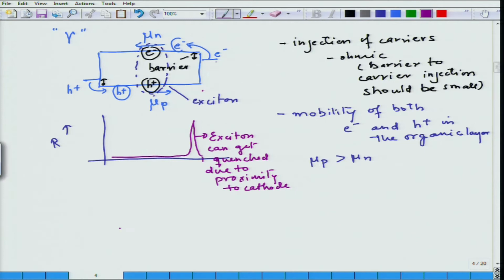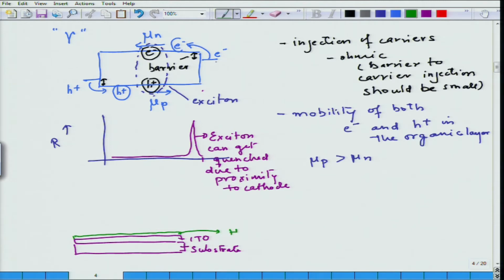We can do that by introducing, in addition to the device that we have talked about, in which we had on the substrate the ITO as the bottom electrode, and if I want to improve the injection, very often I will add another layer on top of it, which improves injection, which would reduce this barrier caused by the difference in the work function and the LUMO level. So, this is known as the hole injection layer.